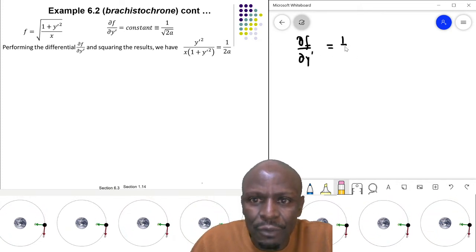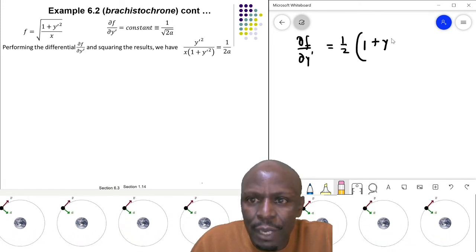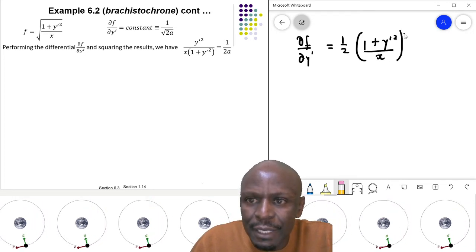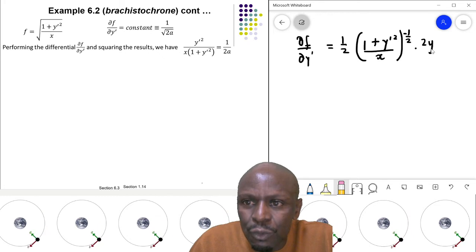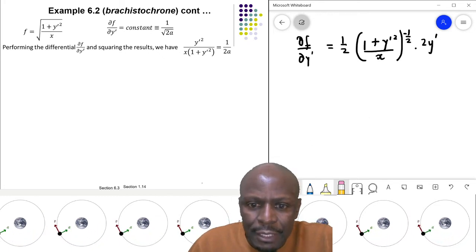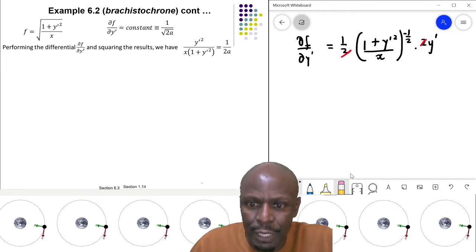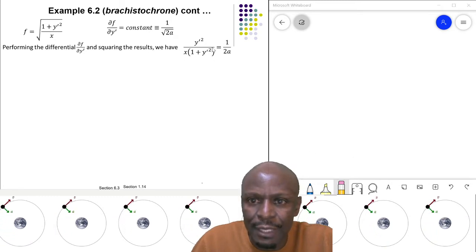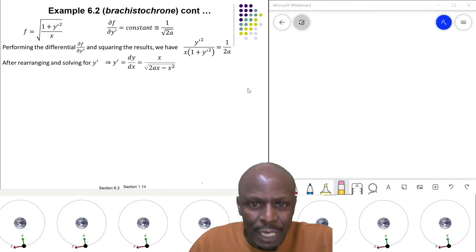You are just going to have 1 over 2 times (1 plus y prime squared) divided by x, to the power of minus 1 over 2 here, and that must be multiplied by 2y prime, and the 2s will cancel each other. Now if you square that, this is what you are going to have. And also you must square the right hand side too. So that is what you are going to have.